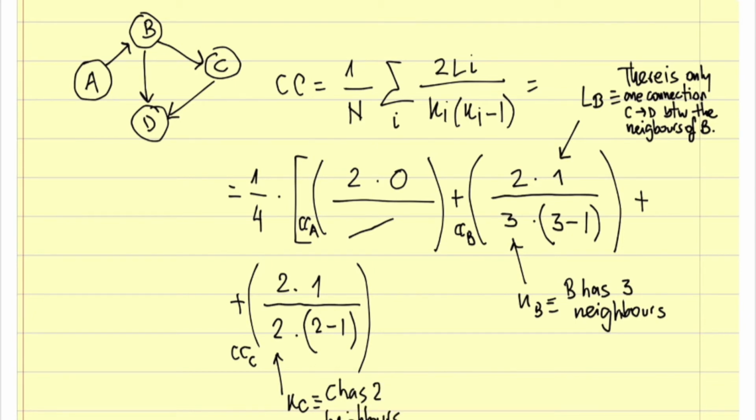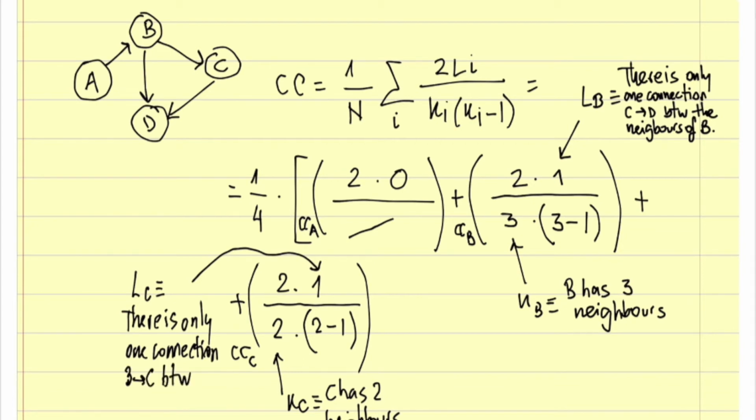And this number is L sub C, means that there is only one connection, which is going to be B to C, between the neighbors of C. Okay?